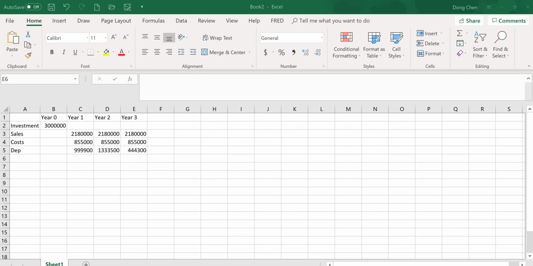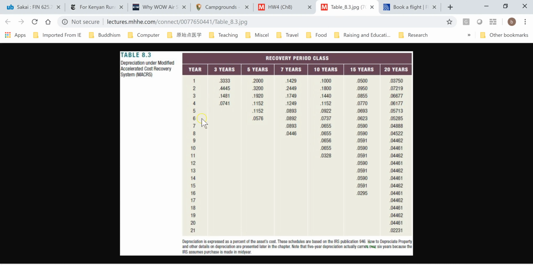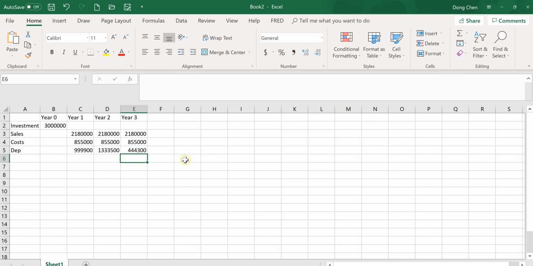And that's why this final percentage at the 4th year matters, because it stands for the remaining book value of the asset after 3 years depreciation. So we can get that number.